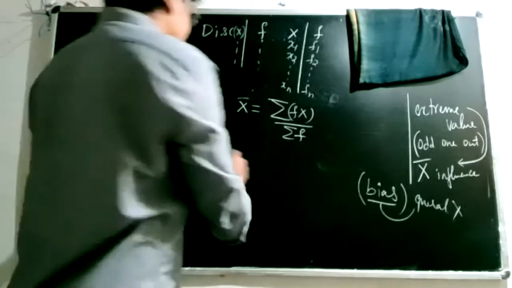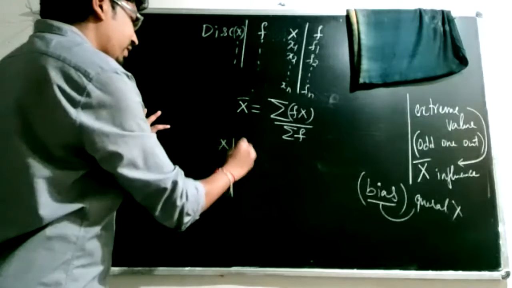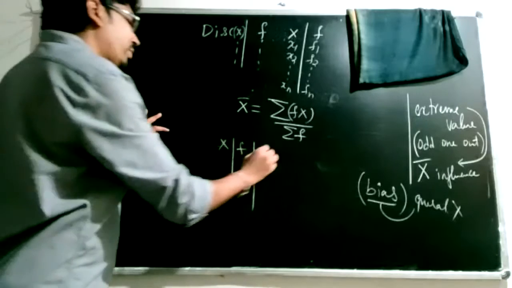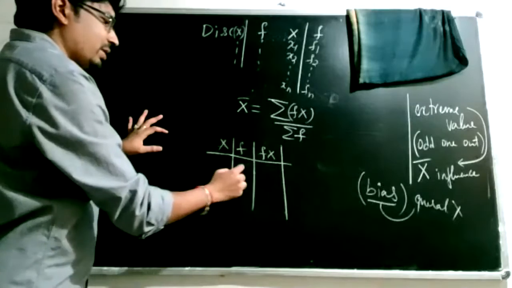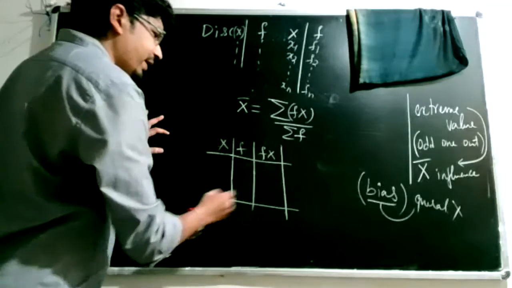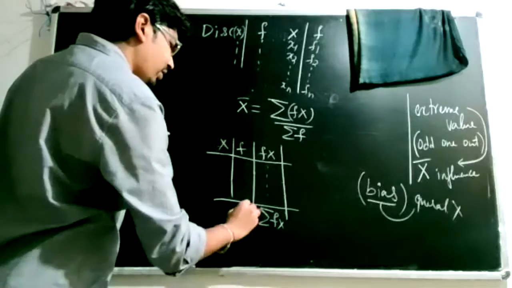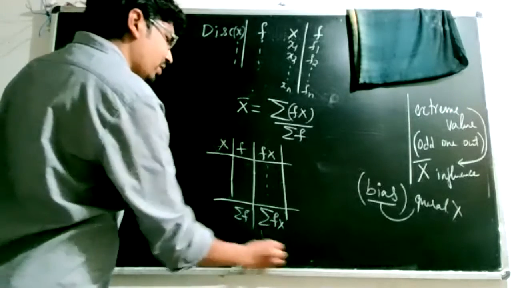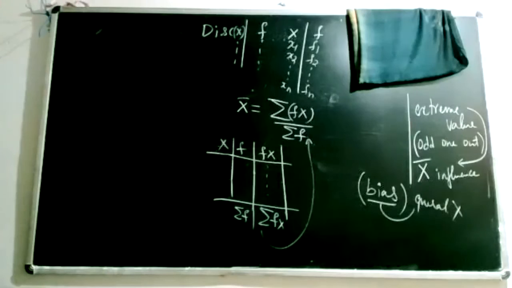So what are the computational steps? You have been given a column of x and f. You multiply every value of x with its respective value of f and obtain the values of fx, then find the total of f as well as the total of fx, and obtain the mean as the ratio of sum of fx to sum of f.